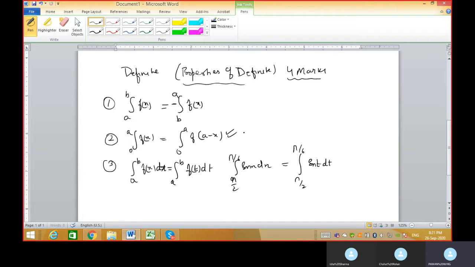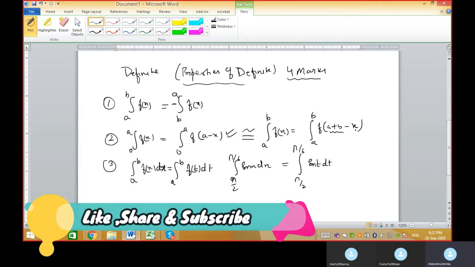And what we call the advancement of property number 2 is this: since that was from 0 to a, there is one property from a to b also, the integral of f(x) from a to b. For this, you just replace it with f(a plus b minus x). In the earlier one, you were doing a minus x; here you have to do a plus b minus x.